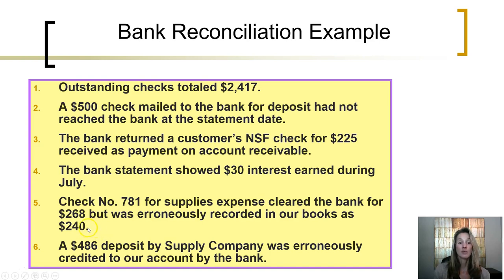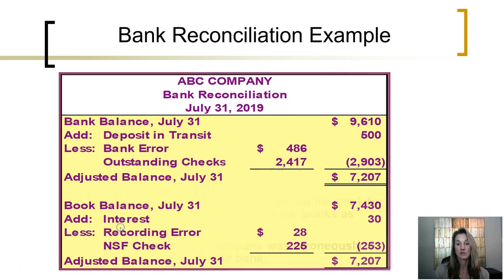The check, when it was written, decreased cash $240, but it should have decreased cash $268. We know we're on the book side. We need to decrease cash another $28. So we're going to show this on the book side of the reconciliation as a deduction of $28 to cash to correct that error.